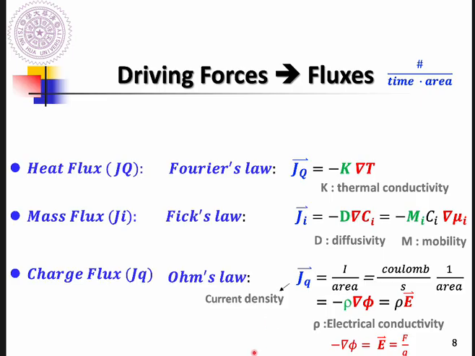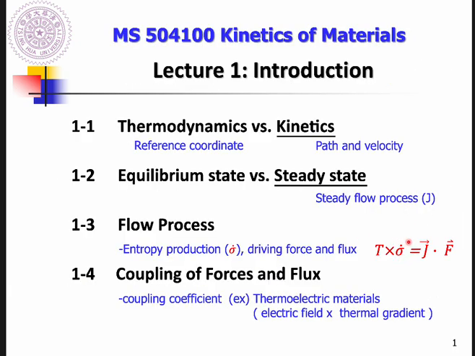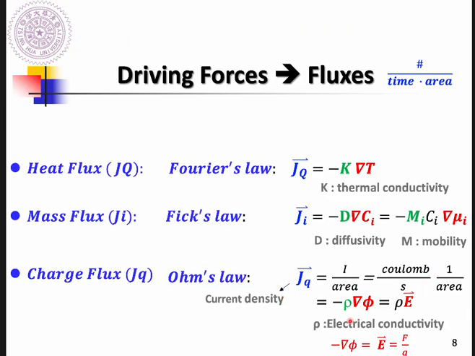Some people will be familiar with sigma for the electrical conductivity, but because we use sigma dot for the entropy production rate per volume, your textbook uses rho to represent the electrical conductivity. So don't mix up rho and sigma here.